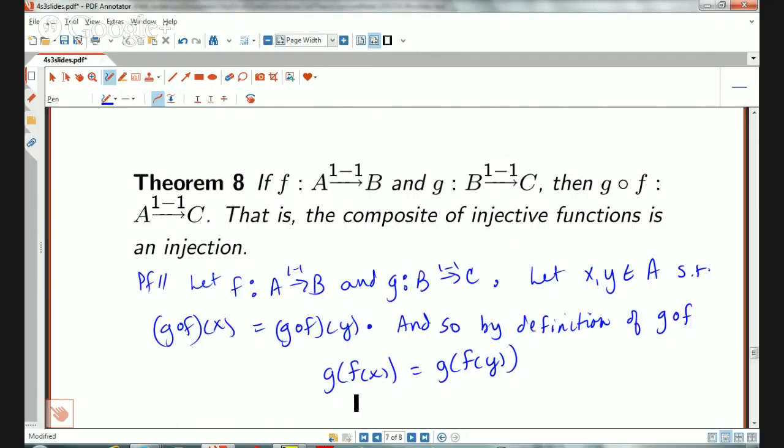And you have G of something equals G of something. So whatever is inside has to be equal. You follow that? G is one-to-one. Whatever is inside the G functions.